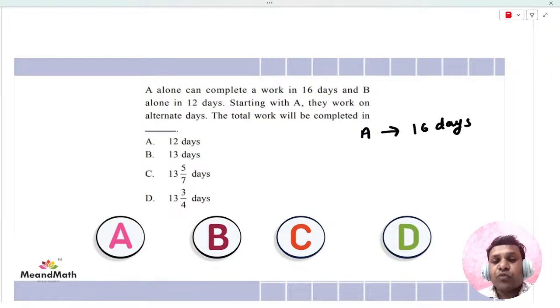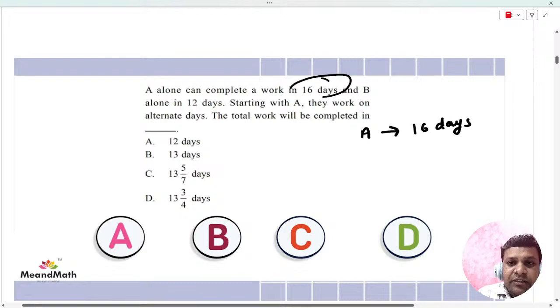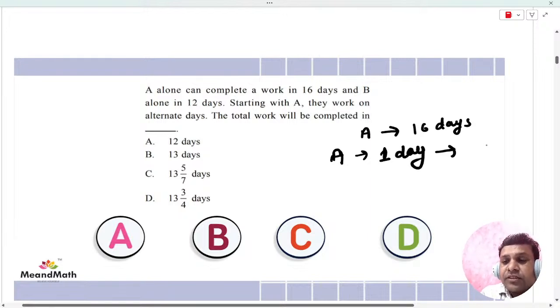In this type of question, always do one thing: try to find the work done in 1 day only. If A can complete the work in 16 days, how much of the work can A complete in 1 day? This is 1 upon 16 part.